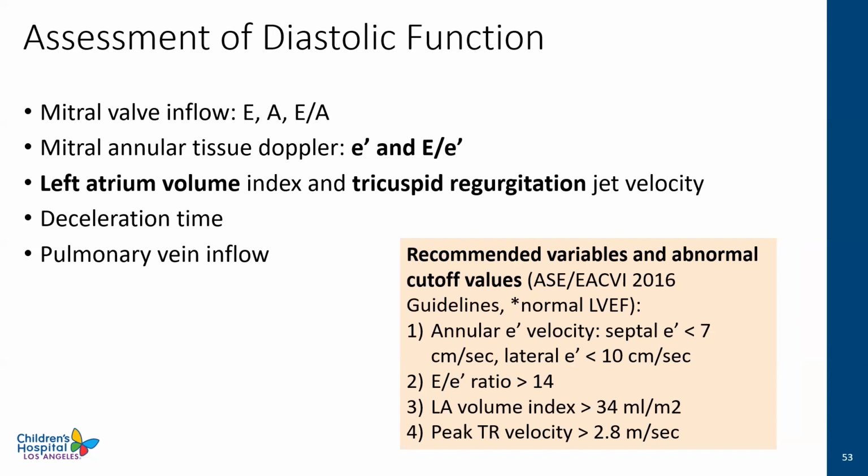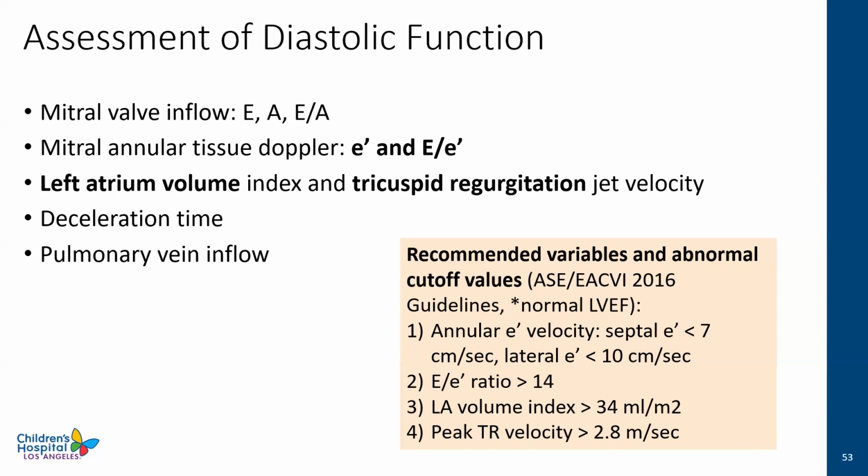And they came up with looking at 4 different measurements for diastolic dysfunction, and that's your E prime velocity, either the septal wall or the lateral wall. Again, this is of your mitral valve. The E to E prime ratio, the LA volume index, and your peak TR velocity. And I will go through what each of these measurements mean.